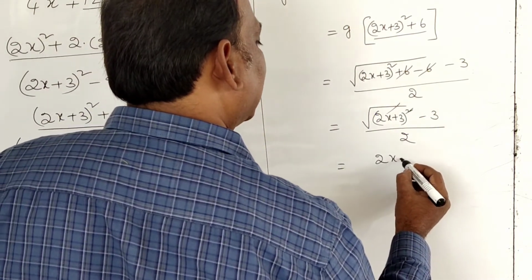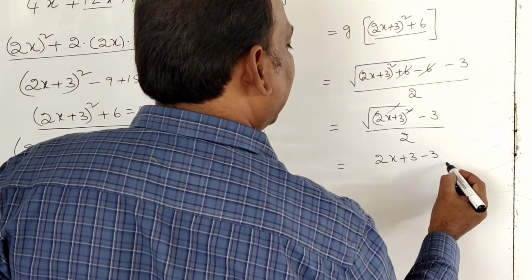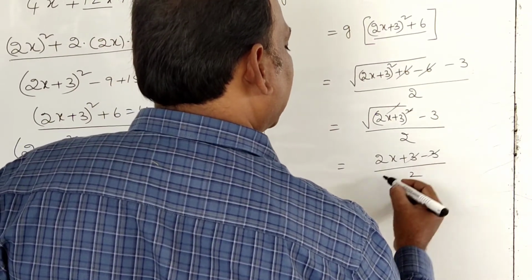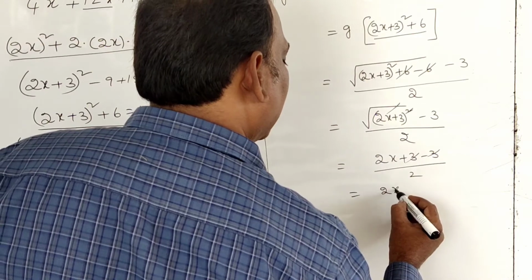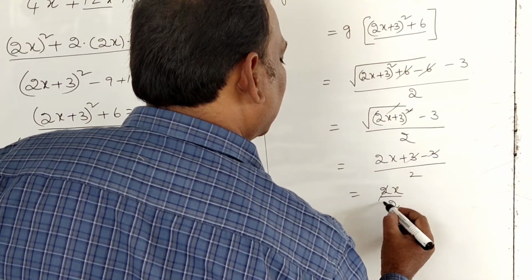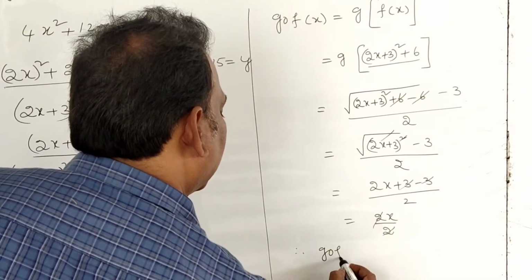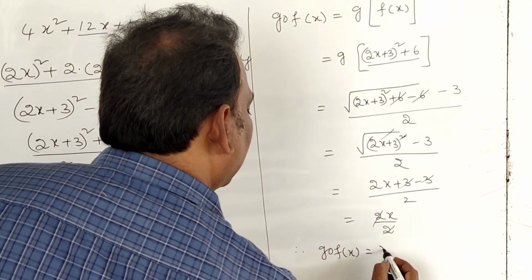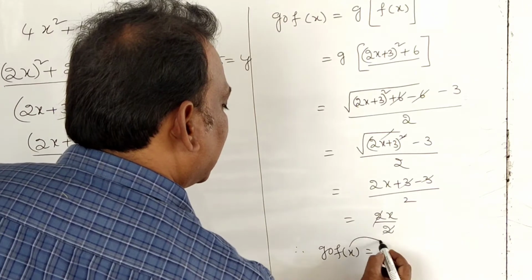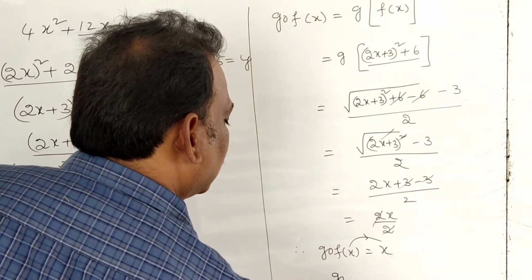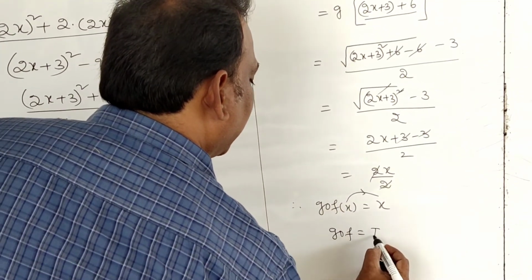We have 2x plus 3 minus 3 upon 2, minus 3 plus 3 gets cancelled, 2x upon 2 gets cancelled. Therefore we have left side g circle f of x is equal to x. See that, x and x, so identity function. So g circle f is equal to identity function.